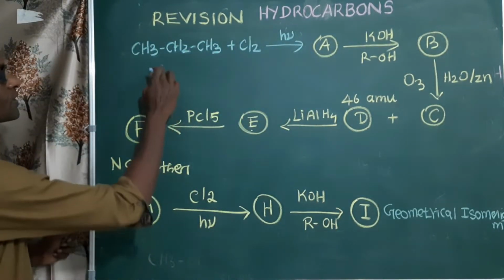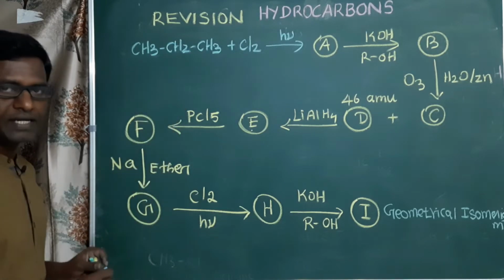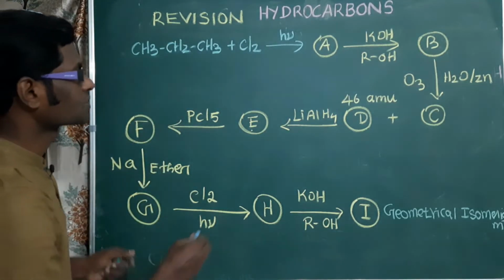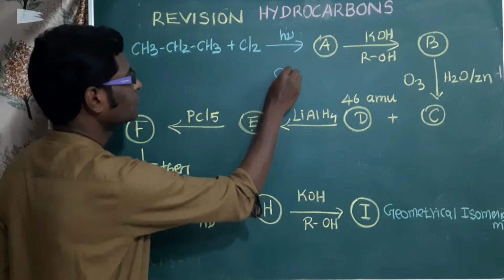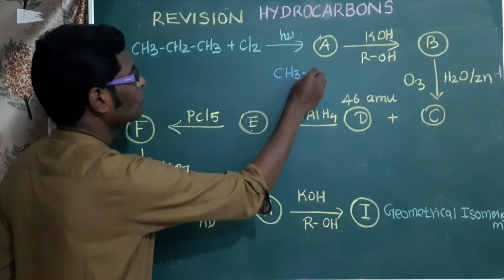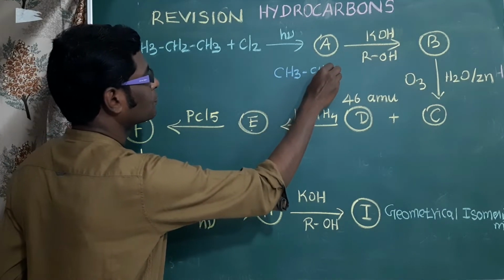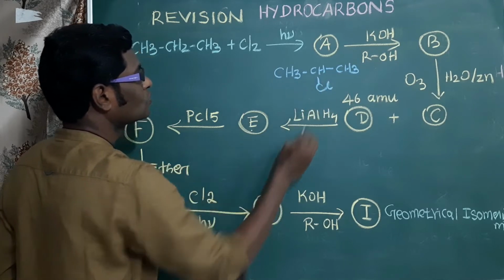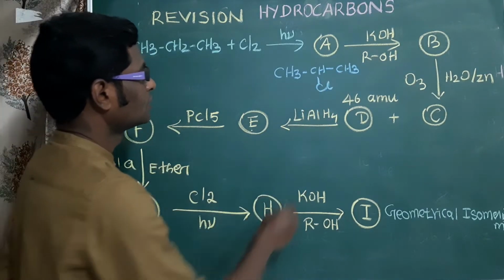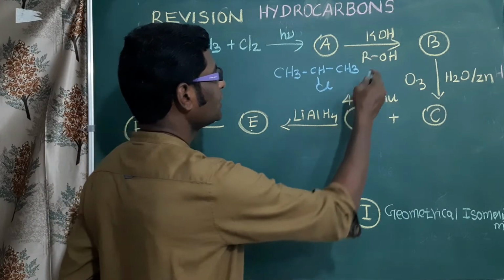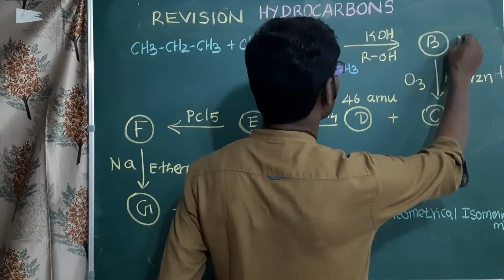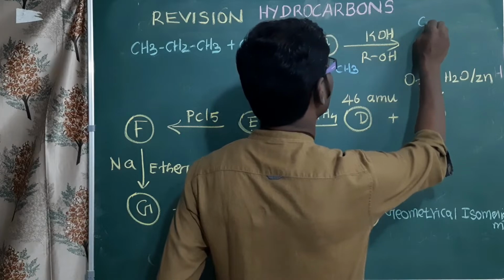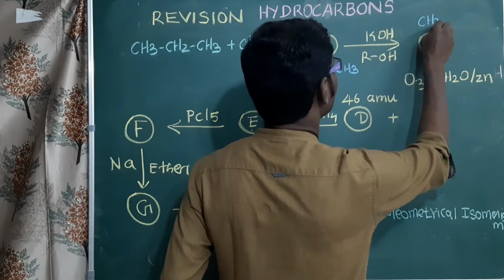First one, when propane is treated with chlorine in presence of light, we will get 2-chloropropane. This 2-chloropropane treated with alcoholic KOH undergoes elimination, we will get propene.